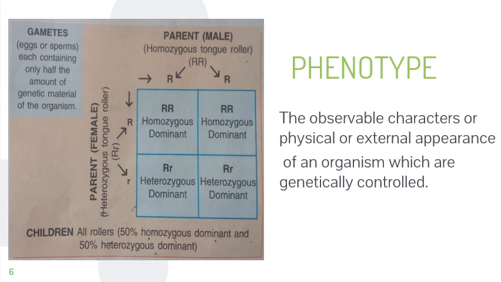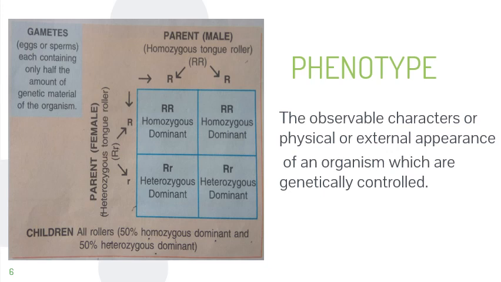Phenotype: the observable characters or physical or external appearance of an organism which are genetically controlled. Now in this chart we see the example of phenotype. Here we see a possible family where both parents are phenotypically similar.